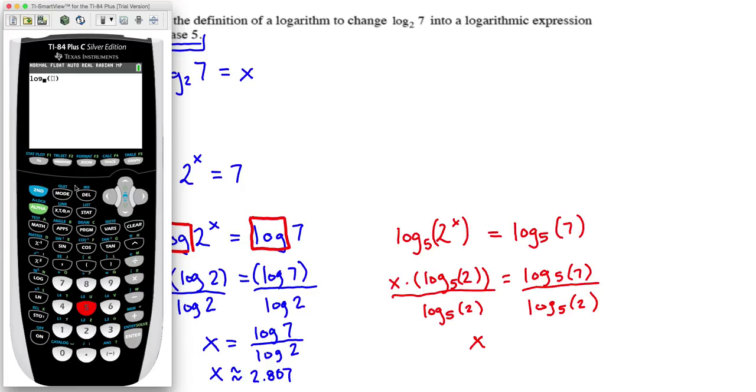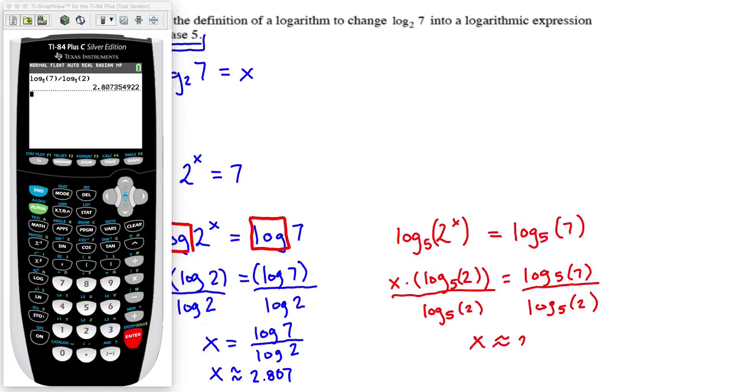Let's say log base 5 of 7, and we're going to divide that by log base 5 of 2. So alpha window, number 5, and then we're going to put in of 2 here. You'll see that we should end up with about 2.807, just like we did on the other one. And you'll see that we are correct there.